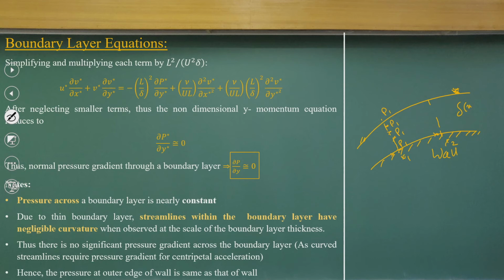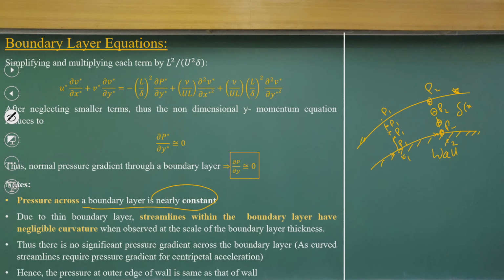Every point should have a P 1 value. Similarly, the pressure P 2 should be the same at all locations. That indicates that the pressure across a boundary layer is nearly constant.